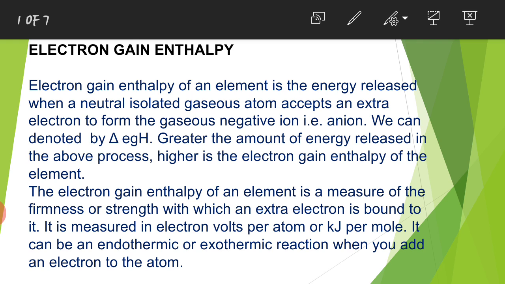The electron gain enthalpy of an element is a measure of the firmness or strength with which an extra electron is bound to it. It is measured in electron volts per atom or kilojoule per mole.